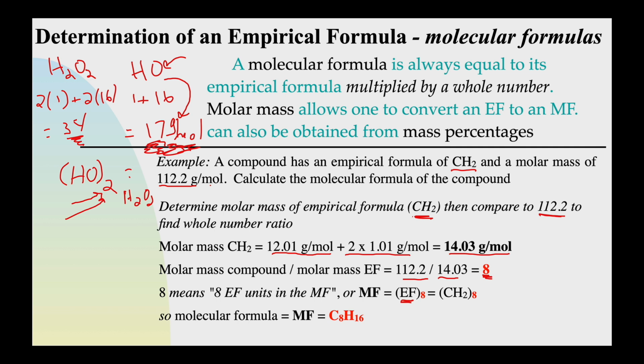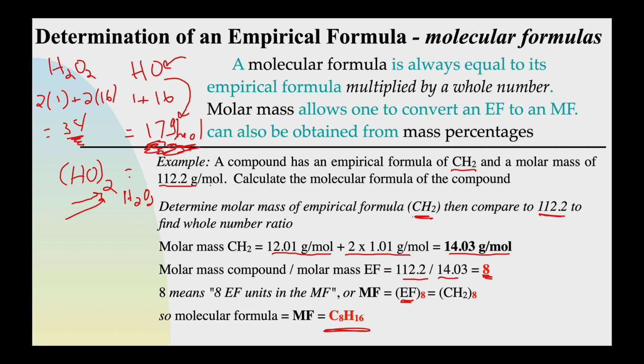So CH2, we need to take it 8 times. So we multiply 8 by 1 to get 8 carbons, 8 times 2 to get 16 hydrogens. This molecular formula now is C8H16. Pretty cool.